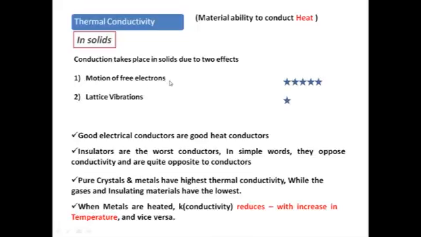It arrests the motion of free electrons, thereby drastically the thermal conductivity drops. So when you heat a metal, free electrons remain the same, lattice vibrations slightly increase. That increase in lattice vibration arrests the motion of free electrons, hence the overall effect is a decrease in thermal conductivity.